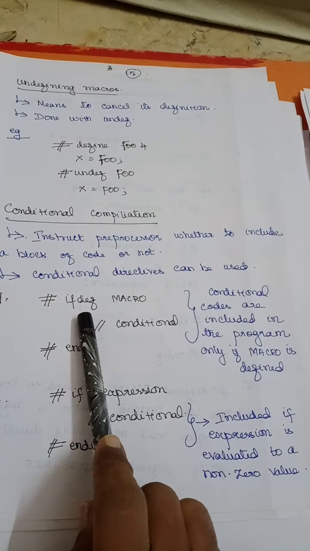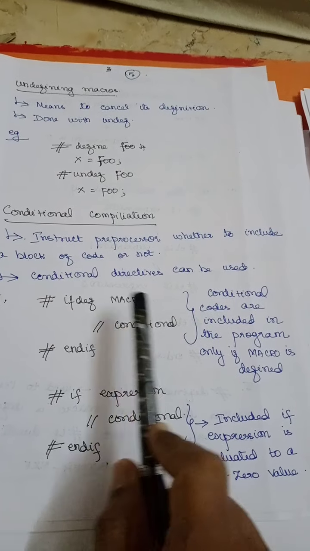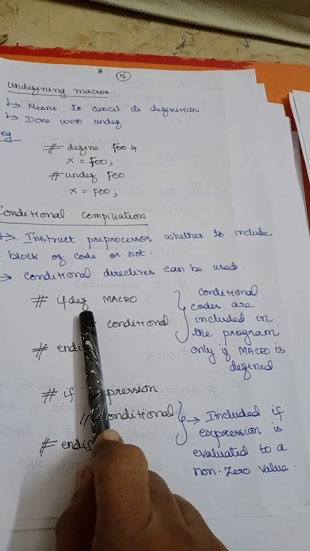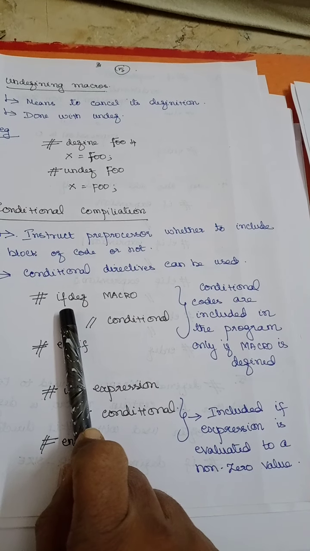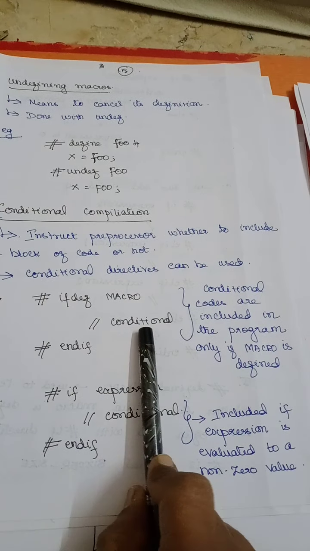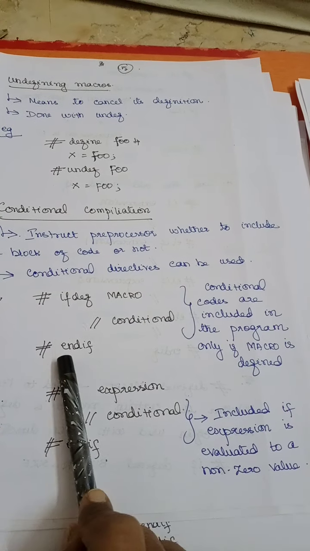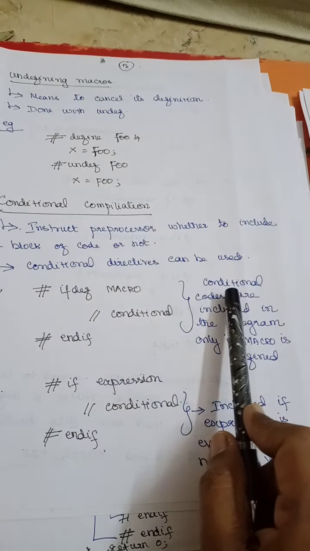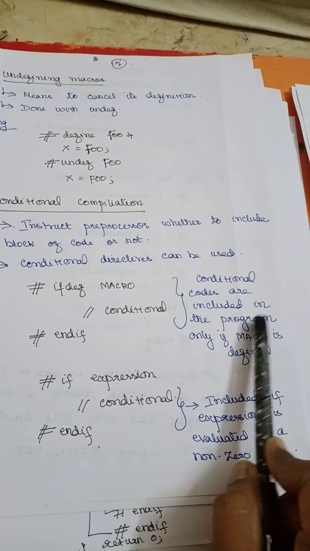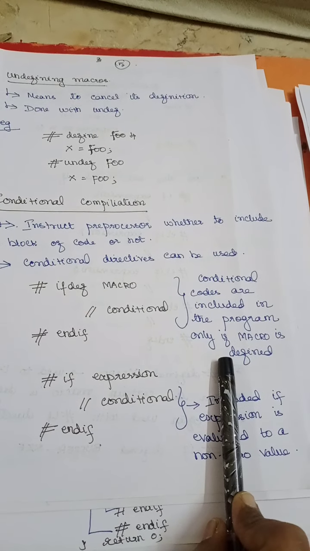So hash ifdef macro. Ifdef means what? Defining the macro. If the macro is defined, then this particular part of the code will be executed. And for this, we use the endif, right? So the conditional codes are included in the program only if the macro is defined.